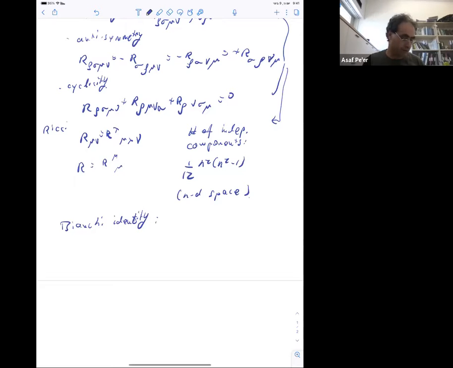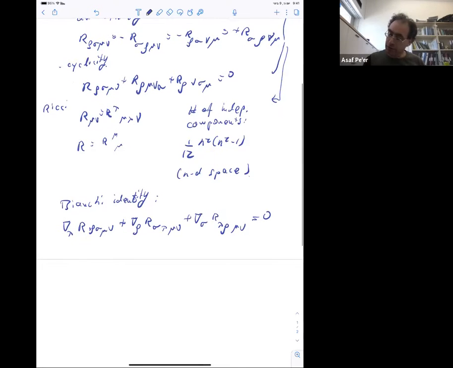If you take the covariant derivative with respect to lambda of R rho sigma mu nu, and then take the cyclic permutations of the first three indices, the sum is equal to 0.